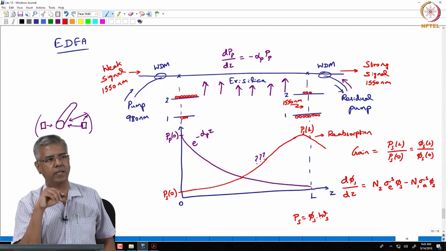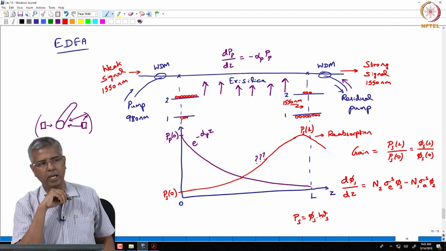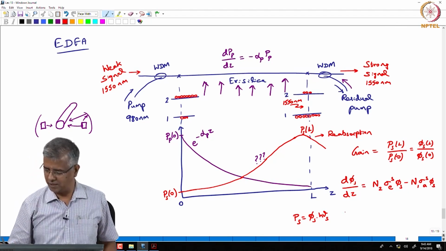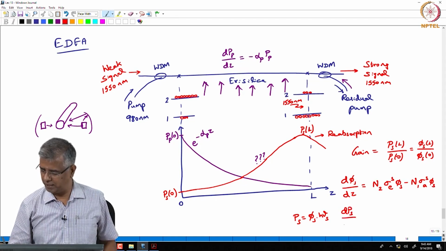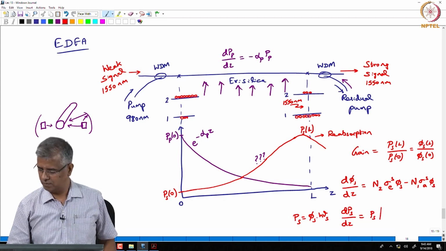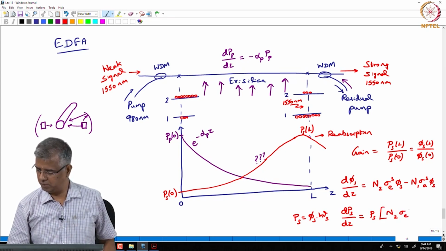The signal photon energy multiplied by the flux gives me power. So I can just write this as dPs over dz equal to Ps multiplied by n2 sigma Es minus n1 sigma As.